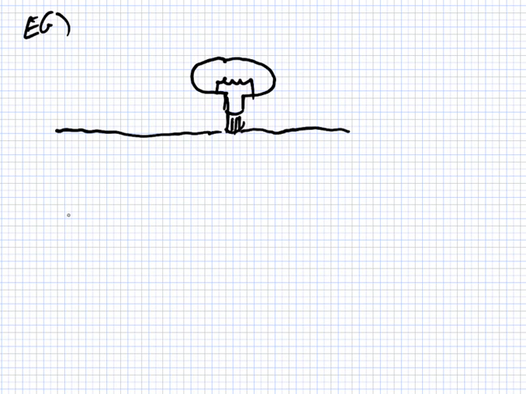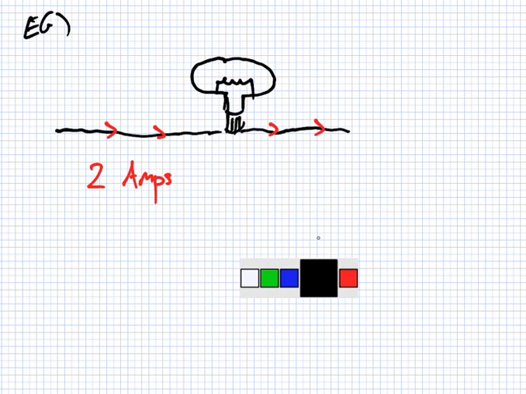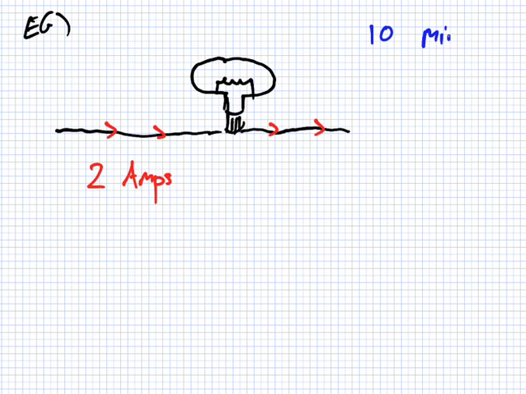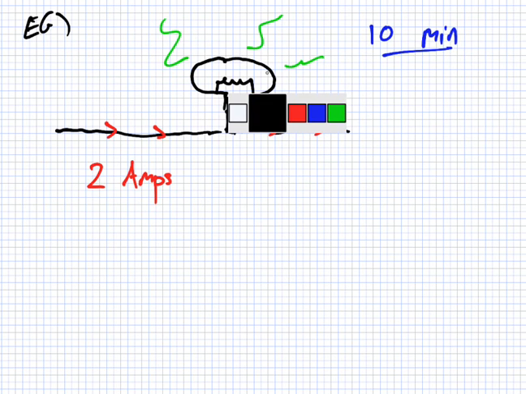And let's say there's 2 amps of current going through it, and let's say it's on for 10 minutes. So my question then is, how many electrons go through the light bulb?